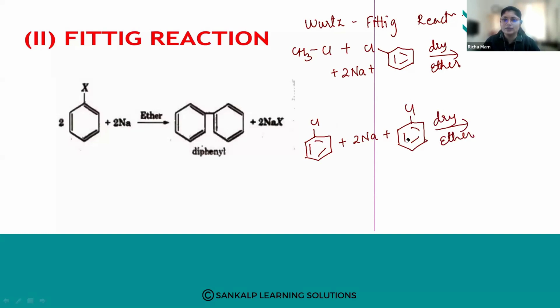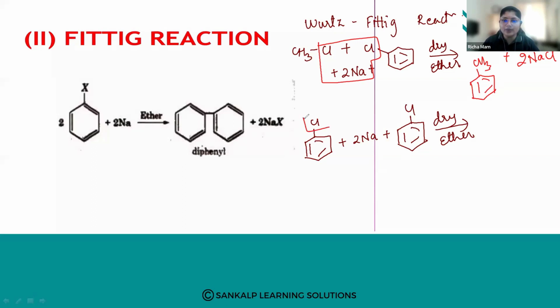So this will be a product, and the byproduct will be 2NaCl. So this is a Woods-Fittig reaction. One alkyl halide and one aryl halide, you get an alkyl arene.